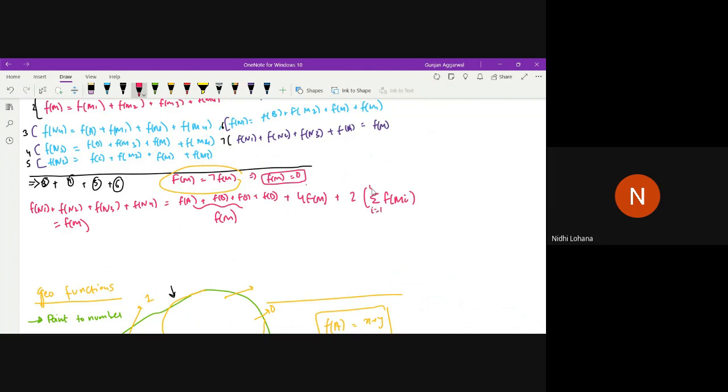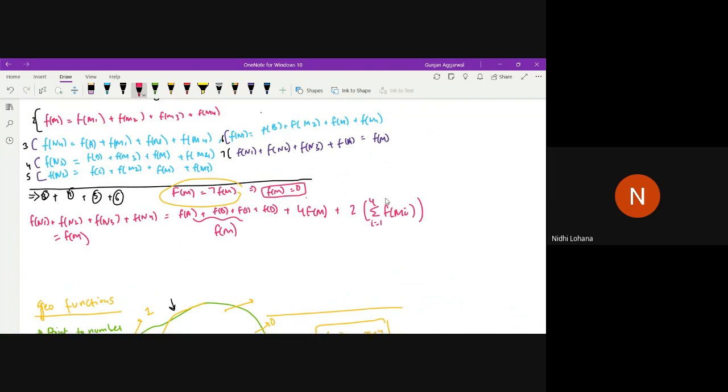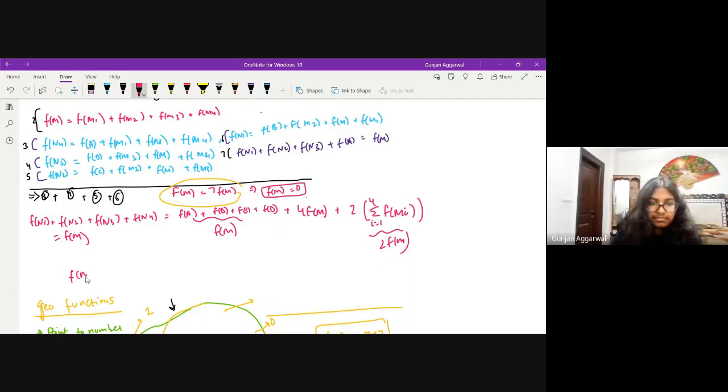So that can be written as 2 times f of m. So in total we get 4 plus 2 plus 1, 7 f of m. So we have f of m equals f of m plus 4f of m plus 2f of m.